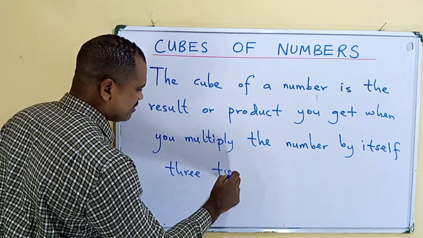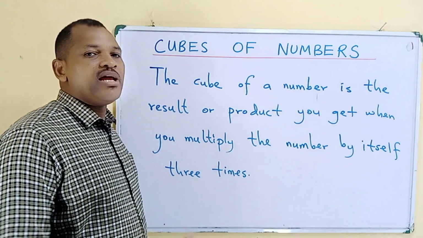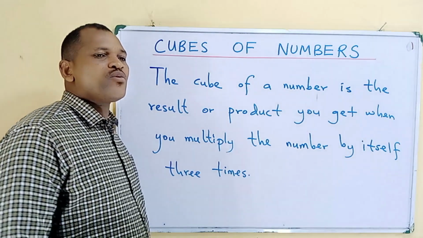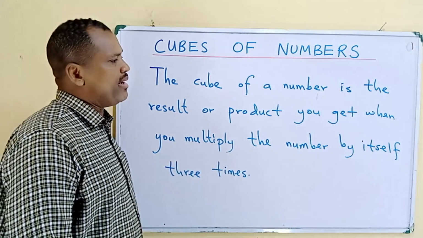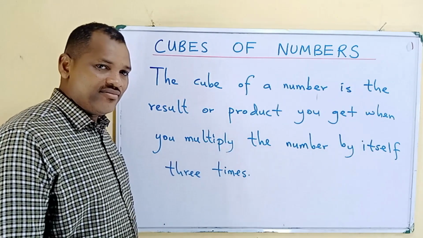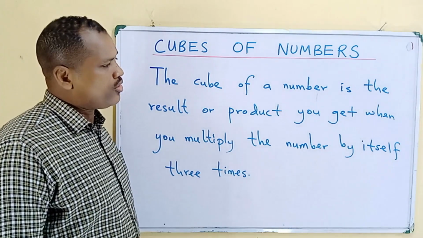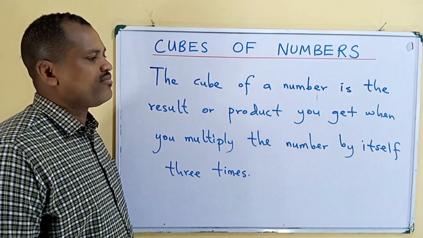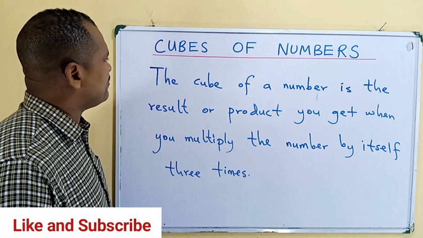So, if you multiply a number by itself 3 times, what you get is called the cube of that number. That is the definition for cube of a number.